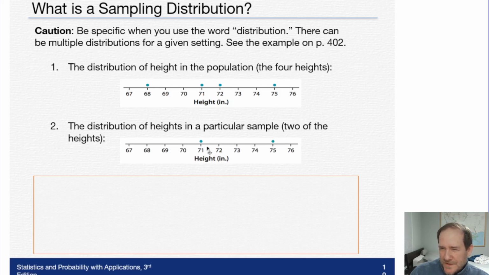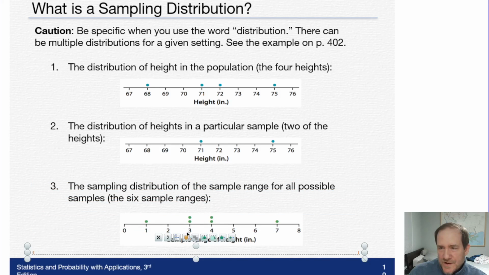And so this, I think, was the first sample we drew, the 71 and the 75. But there were 6 different samples we drew. So sometimes you're looking at the distribution of the heights in just one particular sample. And then lastly, you might talk about a completely different variable. You might be talking not about the distribution of heights, but about the distribution of the sample ranges.